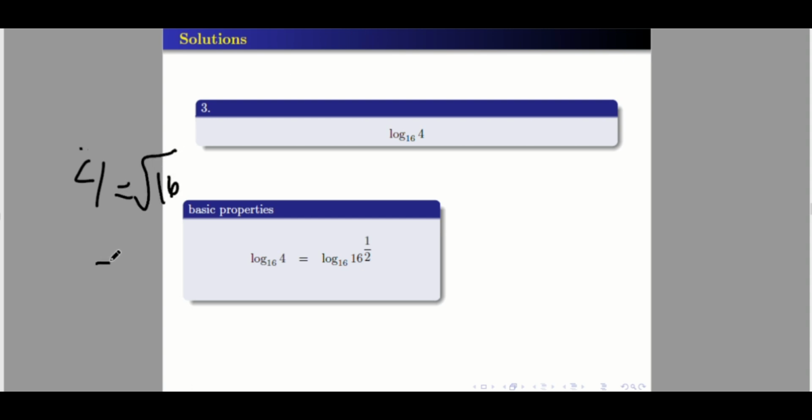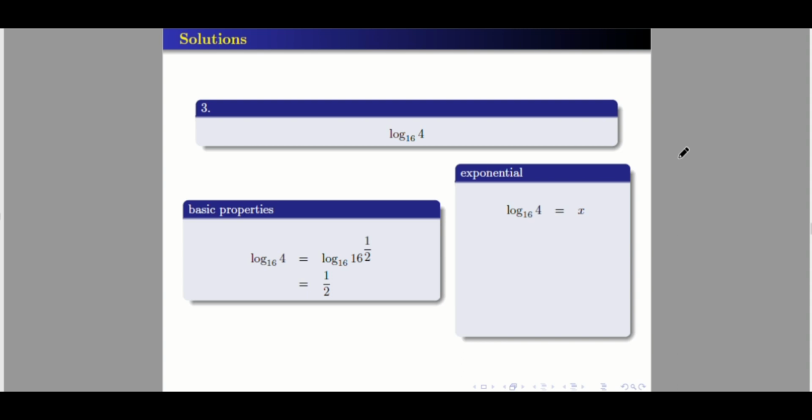And take note, when we have a square root, our exponent is 1 over 2. So this 1/2 here is an exponent. So now we have our base 16. Applying property number 2, the result is 1/2.